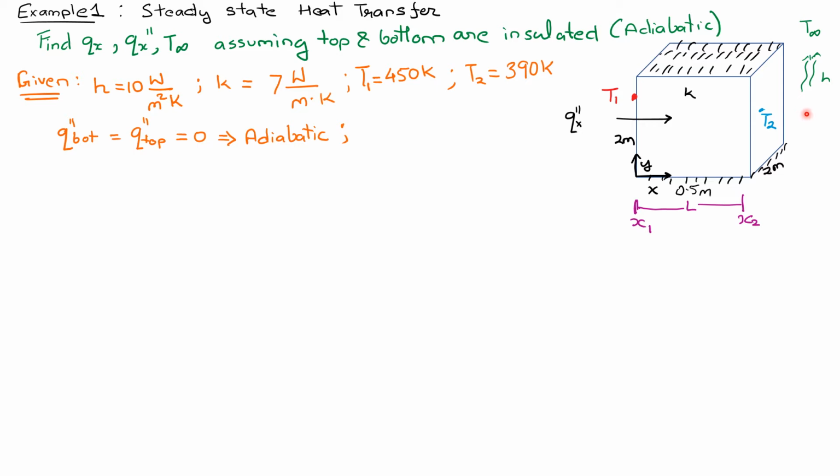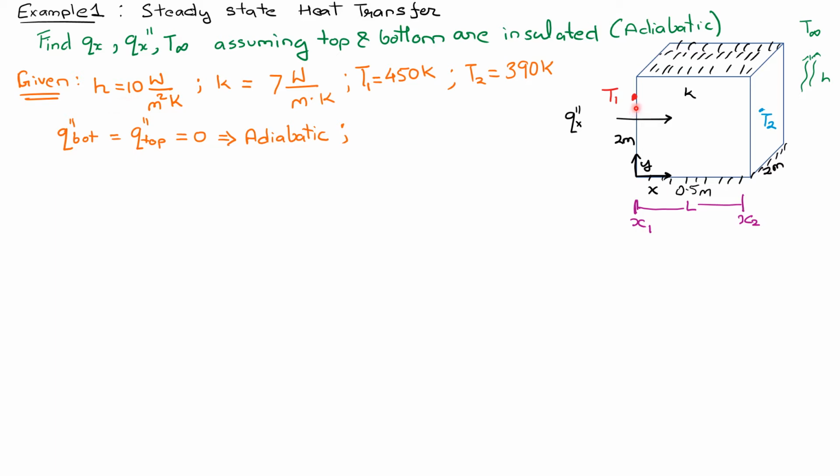We've assumed that there is convection occurring from the T2 surface of the cube, and the surrounding temperature is T infinity, and the convective heat transfer coefficient is H. The value for H is 10 watt per meter square Kelvin.